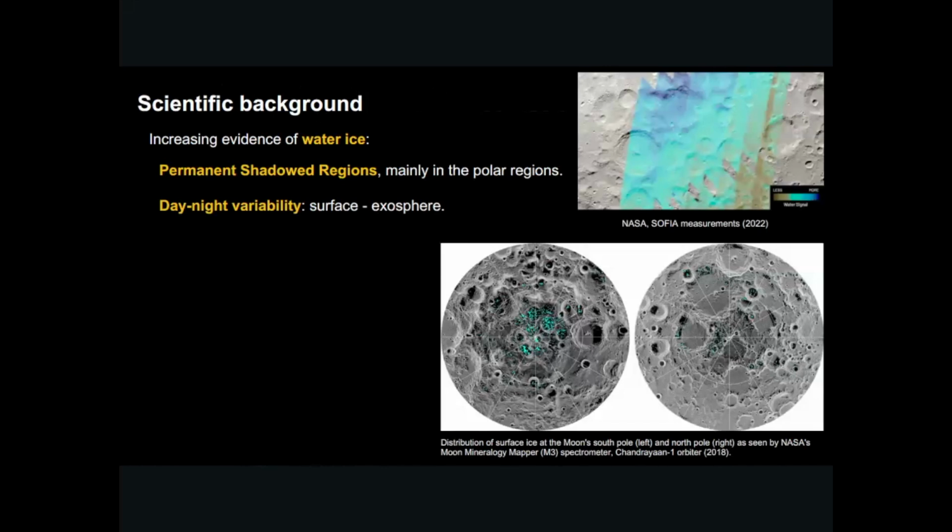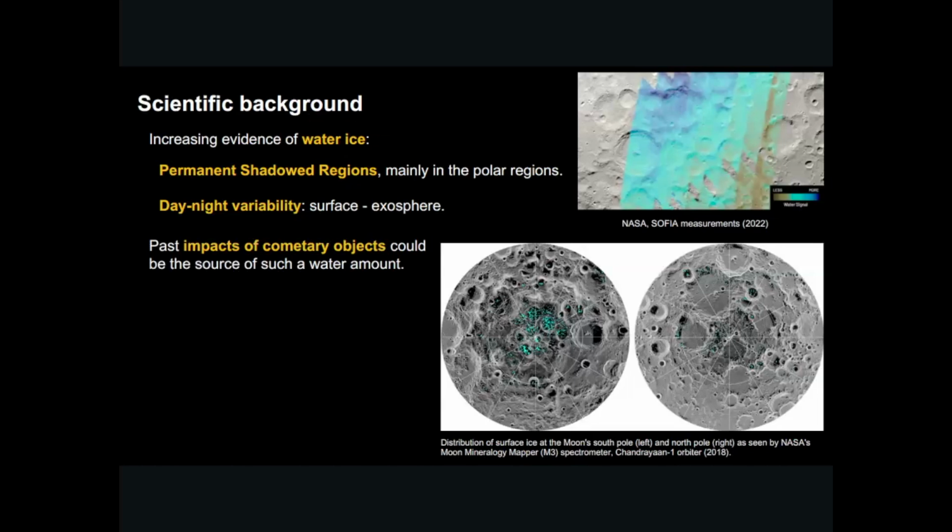And there also is a day-night variability between the surface and the water content in the exosphere, at least it is primarily suspected. And without going into the details of the observation, because I'm not an expert in this field, the idea is that this material can come from impacts or cometary objects over the surface of the moon.